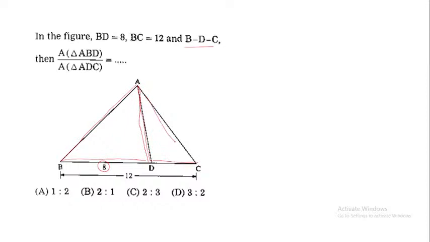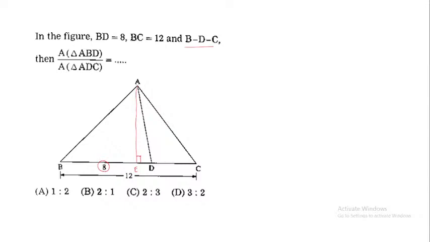For both these triangles, if we draw a perpendicular line from point A to side BC, that would be the height for both of them. So the height is the same for both. If such a condition is there, we have one property: if two triangles have the same height, then the ratio of their areas must be equal to the ratio of corresponding bases.